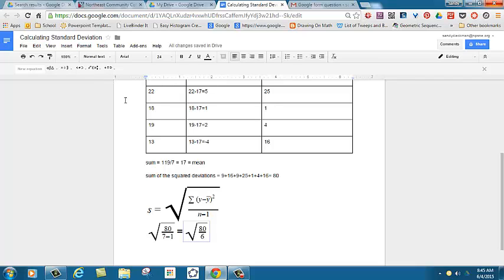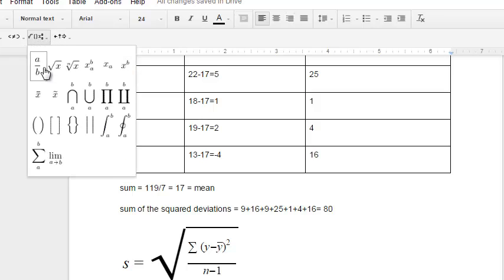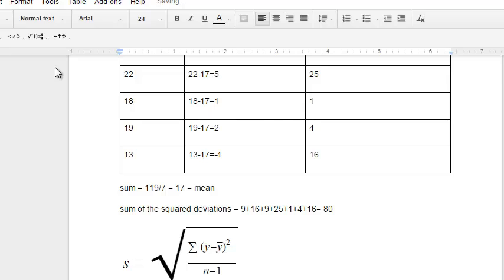Okay, and so 80 divided by 6 is about 13.33. And so then if I take the square root of 13.33, my standard deviation is about 3.65.